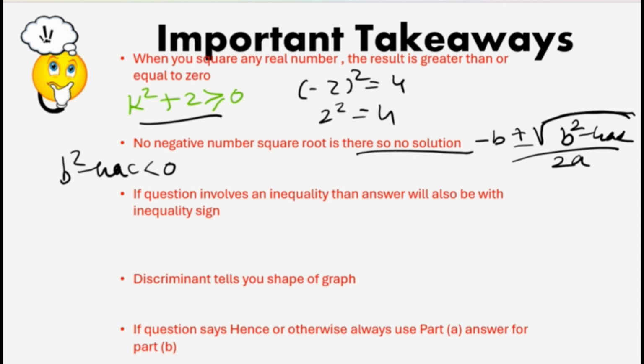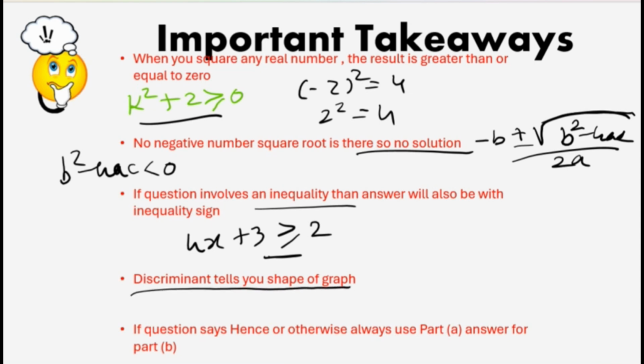That means no solution is possible. If a question involves an inequality, then the answer will also be with an inequality sign. Suppose your question is like 4x plus 3 greater than or equal to 2. When you find the value of x, that also involves a greater than or less than inequality sign.